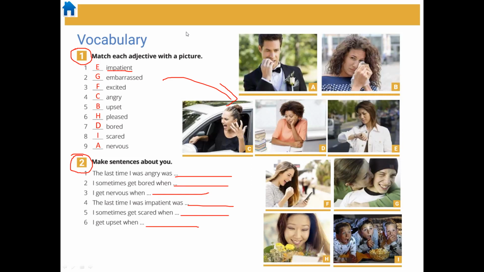E, she's impatient. F, she's excited. G, he's embarrassed. H, she's pleased. I, they're scared.